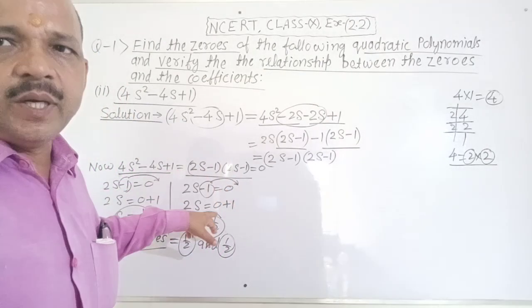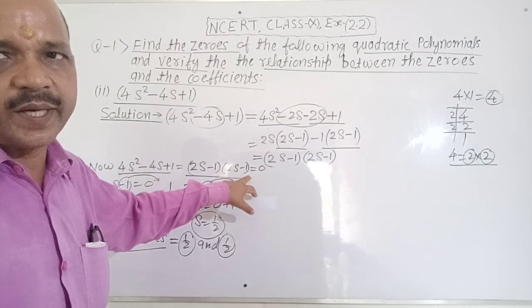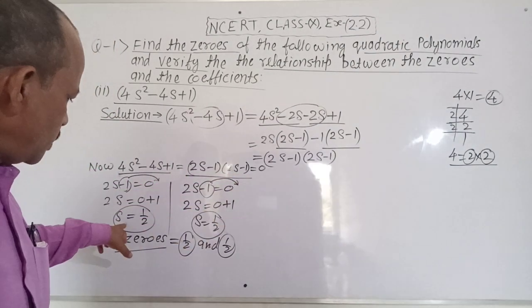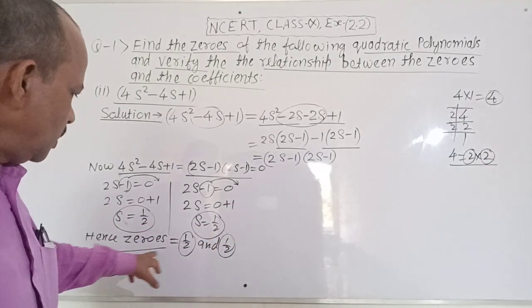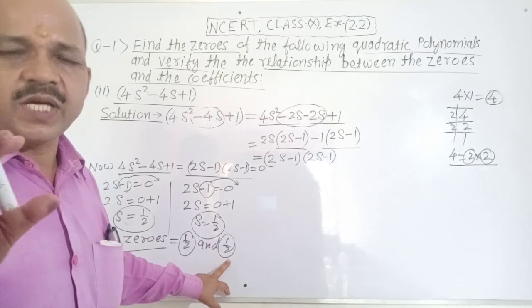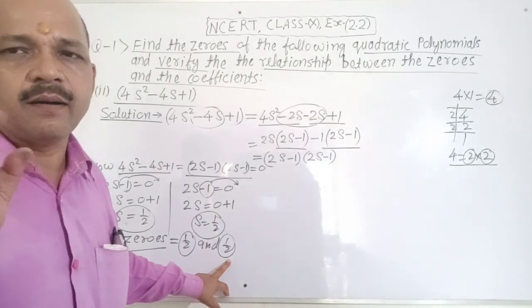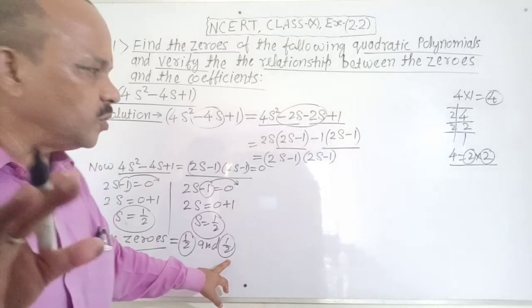No confusion about it. It is 2s minus 1 and it is 2s minus 1 equal to 0. You find s equals half and s equals half. Zeros equal half and half. You find zeros of the polynomial, half and half. It is clear? No confusion about it? Very good.